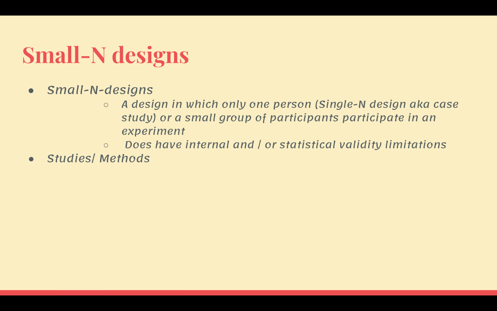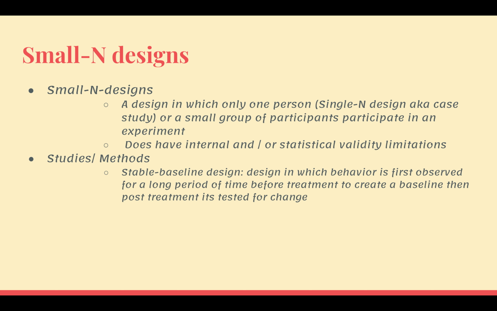Small N designs aim to observe changes in participants, and they have methods to do so. There's a stable baseline design, which is a design in which behavior is first observed for a long period of time before treatment to create a baseline, and then post-treatment is observed for change. There's a reversal design, where treatment is first given and then taken away.